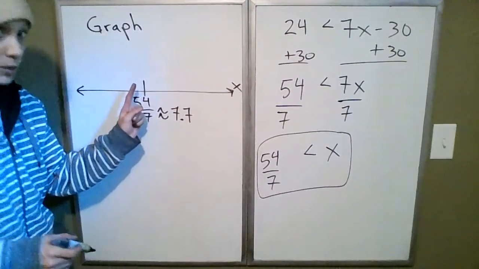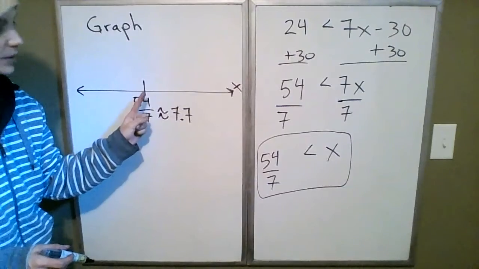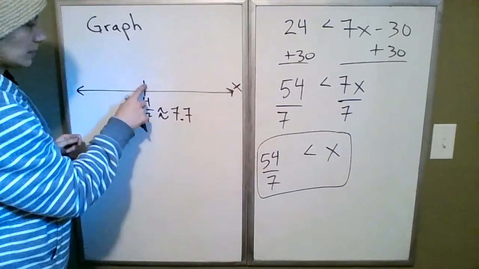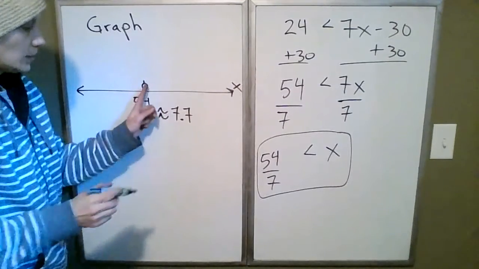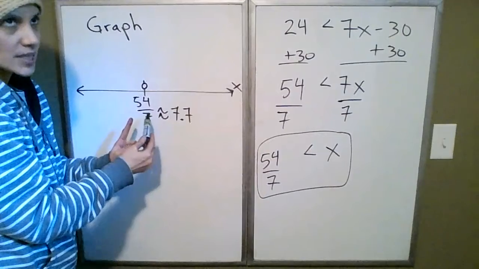So I want to split this into an interval from negative infinity up to 54 over 7. We do not include that number in the graph, so open circle.